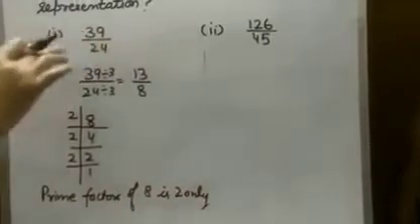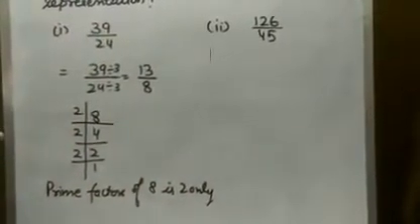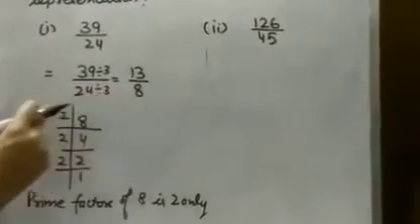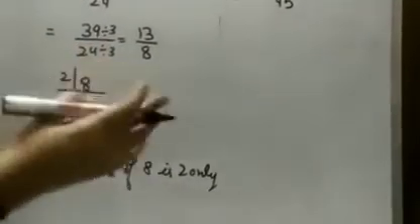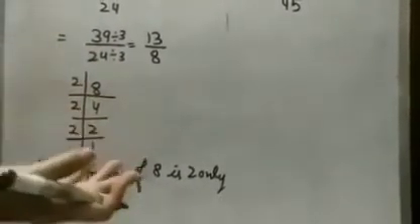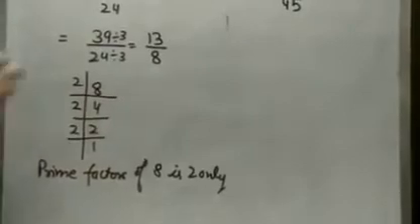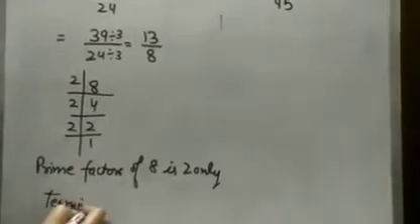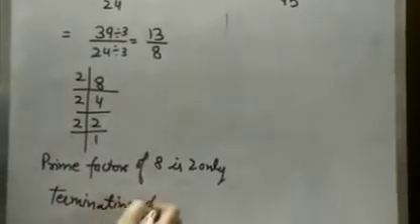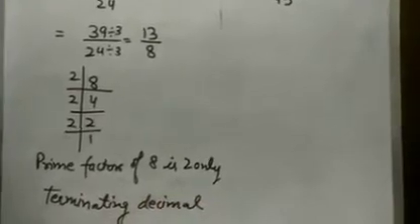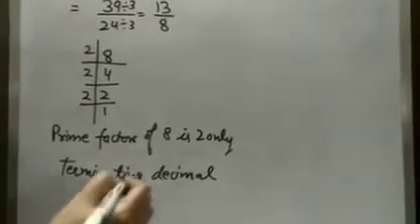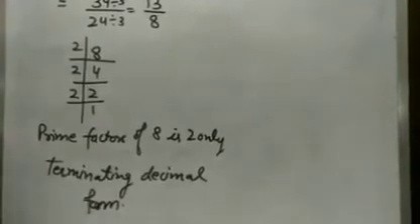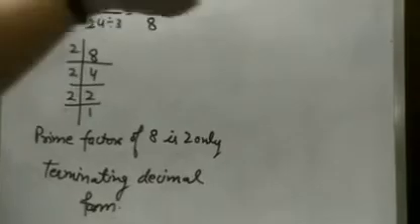After converting the rational number into standard form, if we find the prime factorization of the denominator and the prime factors are either 2, as in this example, or 5, or 2 and 5, only in these three cases that rational number has terminating decimal form. If any number other than 2 and 5 comes, like 3, then that rational number will have non-terminating decimal form. I am taking another example.